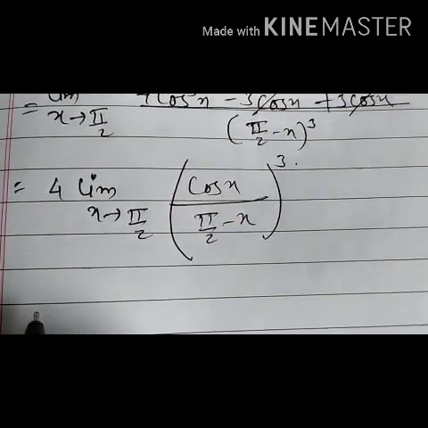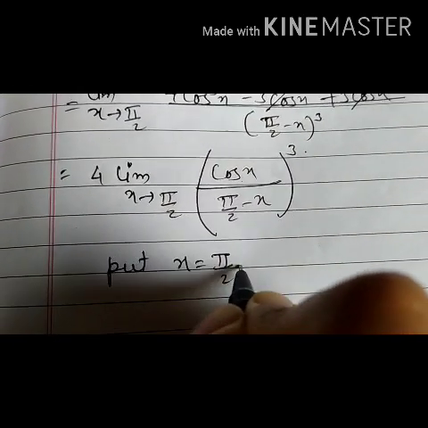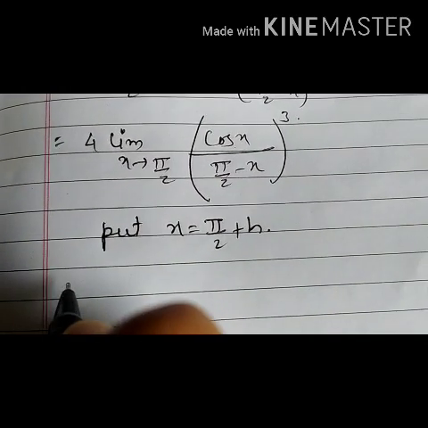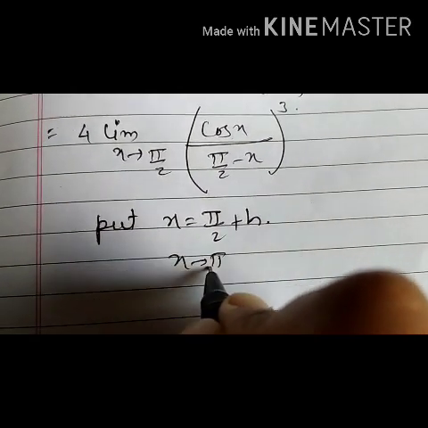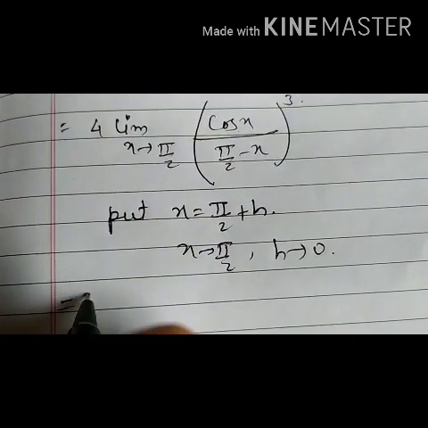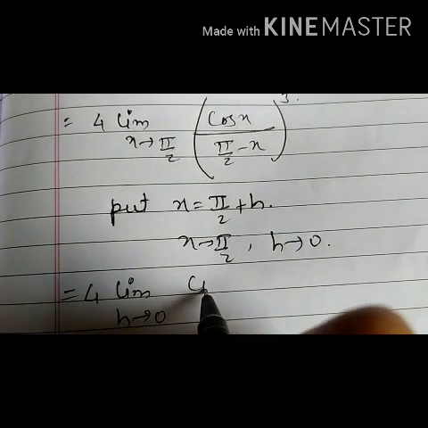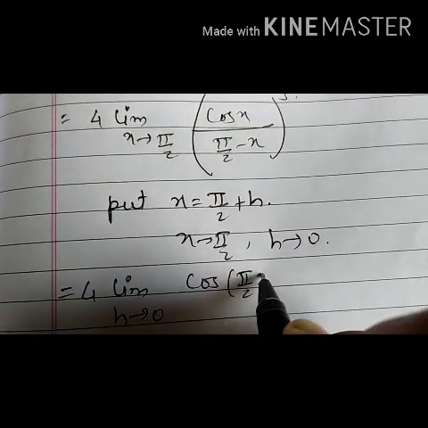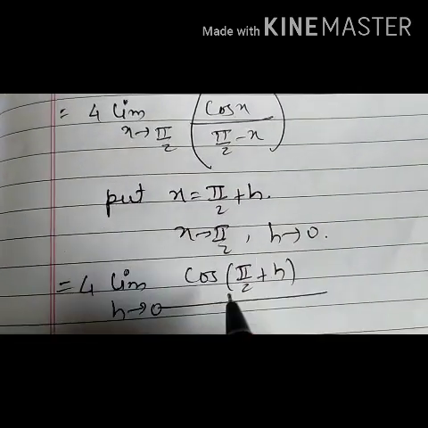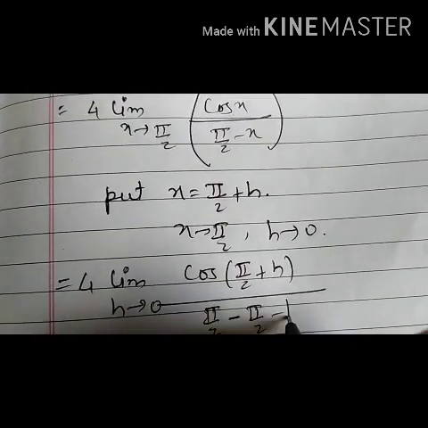Now here we'll put x equals pi by 2 plus h. So as x tends to pi by 2, we have h tends to 0. So this limit will be 4 times limit as h tends to 0 of cos of pi by 2 plus h upon pi by 2 minus pi by 2 minus h.